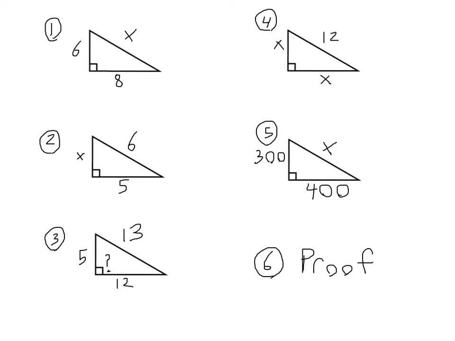There's actually a simpler, easier way to do it than multiplying out those large numbers and adding them together. I chose two really easy large numbers, 300 and 400, rather than some odd 371 or something like that. And then finally at the end I'm going to show a brief proof for those of you who are interested in how to prove that the Pythagorean Theorem is true and how it works.